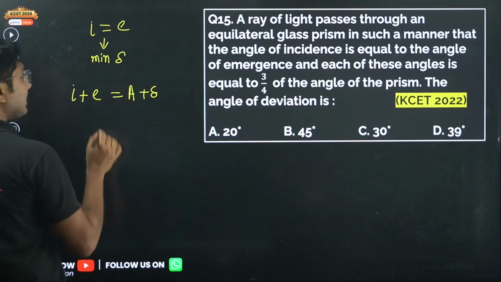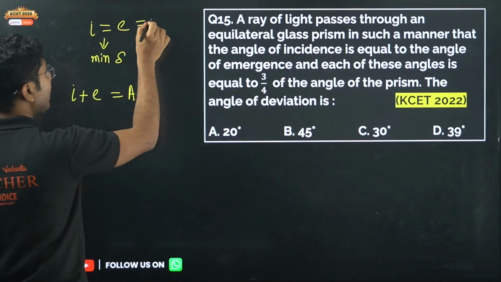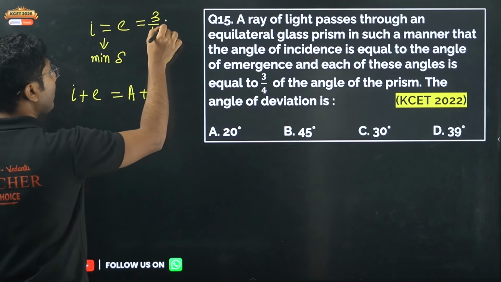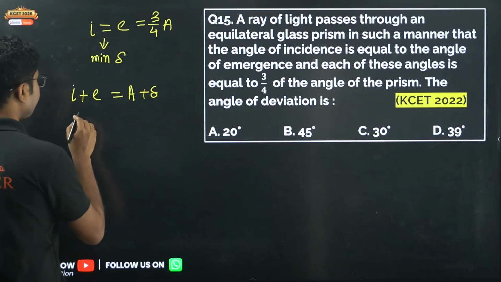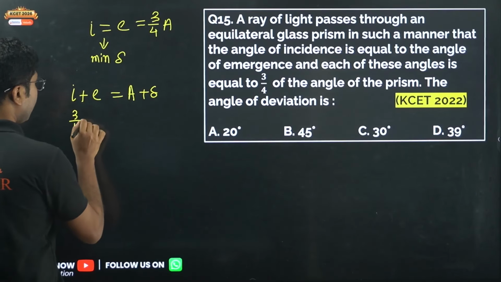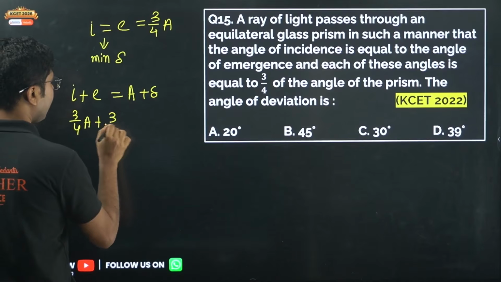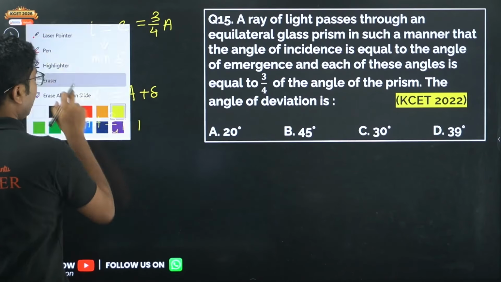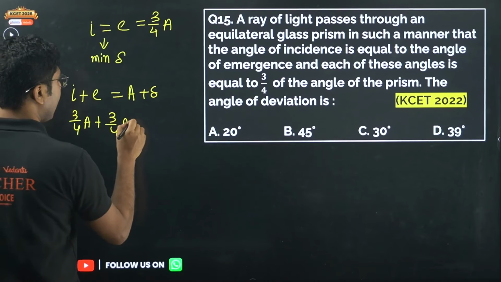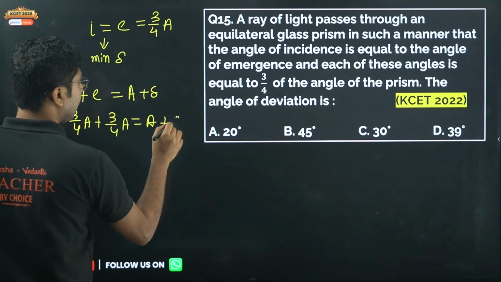Now here it is given I is equal to E equals 3 by 4 into A. So 3 by 4 A plus 3 by 4 A equals A plus delta.